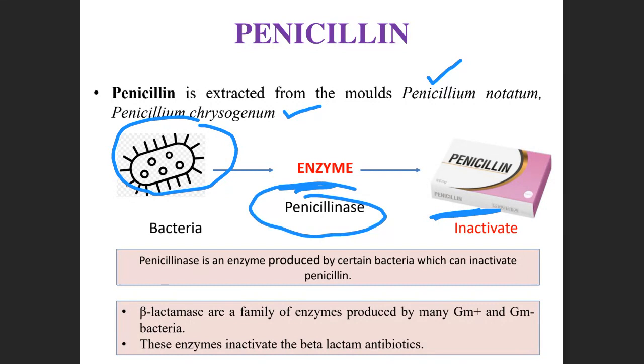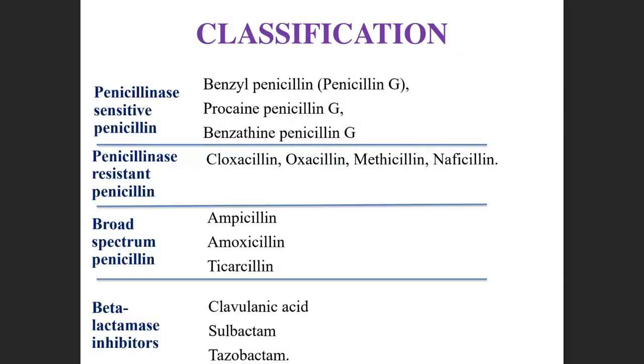Penicillinase is an enzyme produced by certain bacteria which can inactivate penicillin. And beta-lactamases are a family of enzymes produced by gram-positive and gram-negative bacteria. The enzyme inactivates the beta-lactam antibiotics.